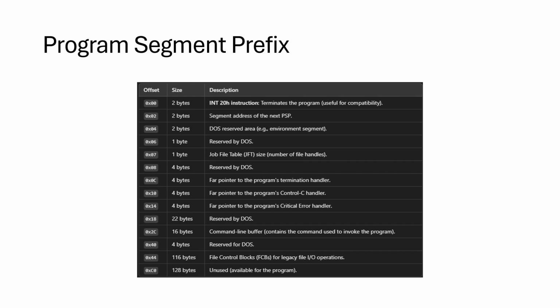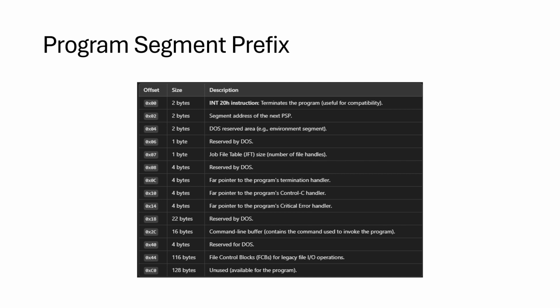So this is how a program segment prefix looks, the one we had discussed in the previous slide. As you can see, it contains a lot of information about the program itself and the information that may be required by the operating system to execute the specific program that is in the execution phase right now.